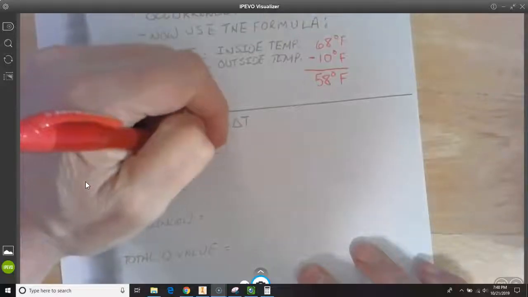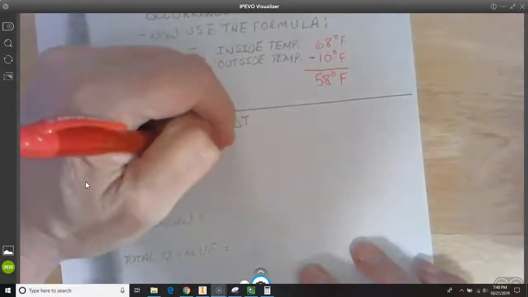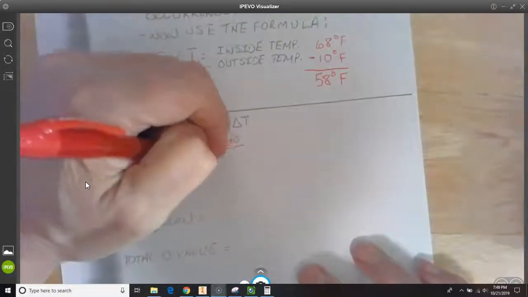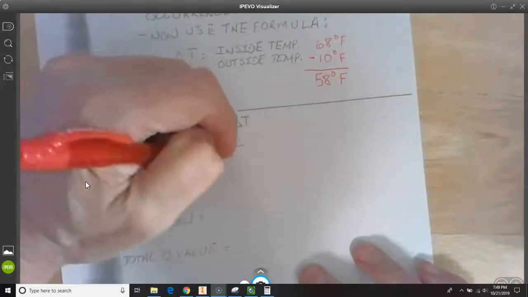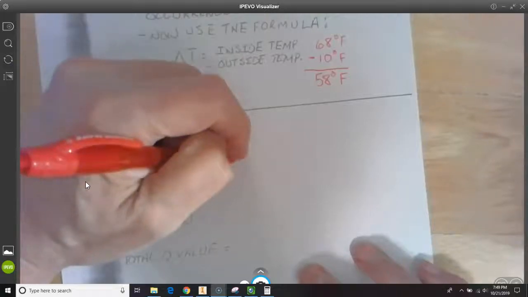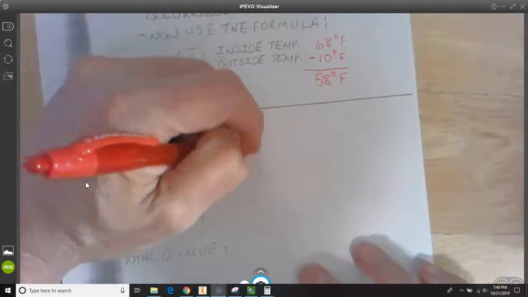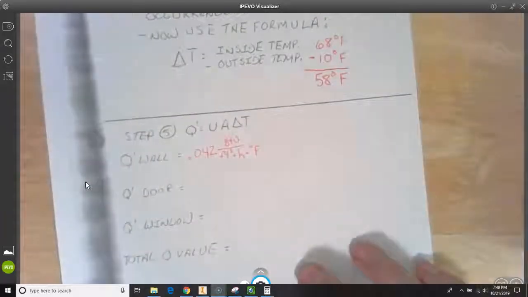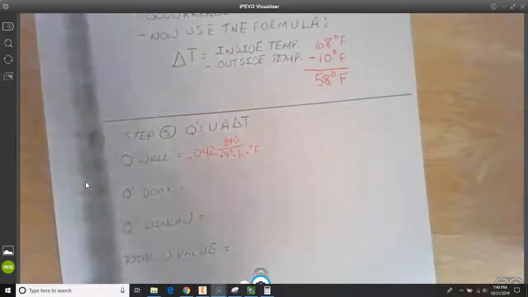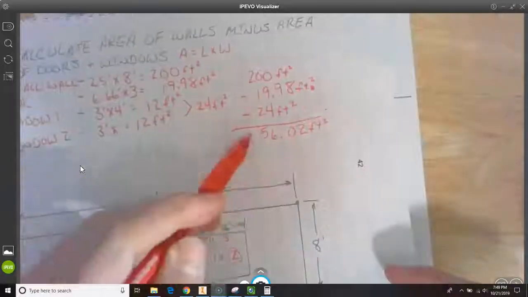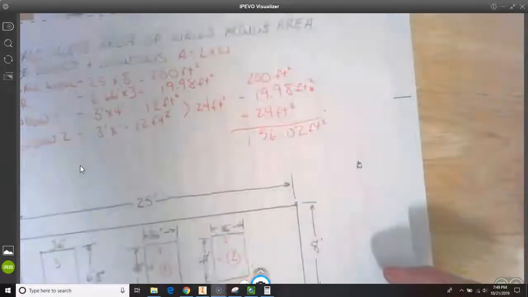0.042, and that is BTUs divided by feet squared times hours times degrees Fahrenheit. Okay, and then we are going to multiply that times the area, and our area was calculated right there. It is 156.02 feet squared.